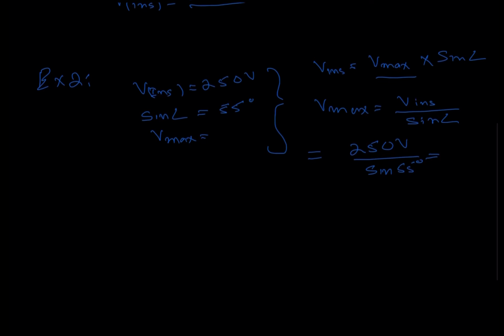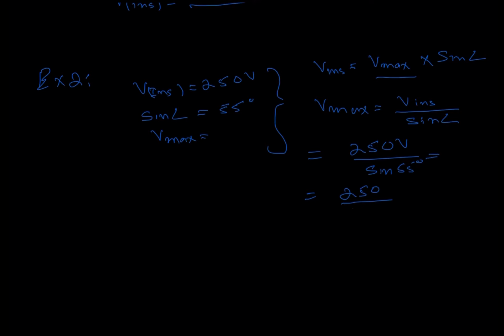Alrighty, so let's find sine of 55. To find sine of 55 on a scientific calculator, you hit the sine button, then you enter the value, which is 55, then you close the parentheses, and it will give you the value.